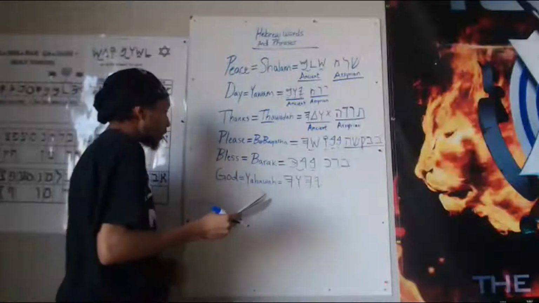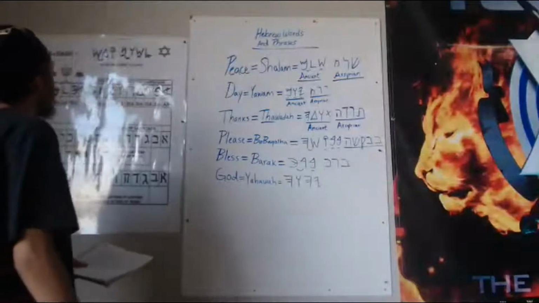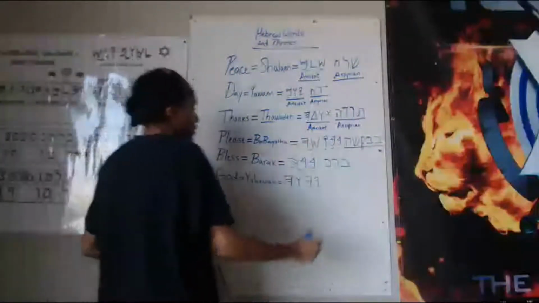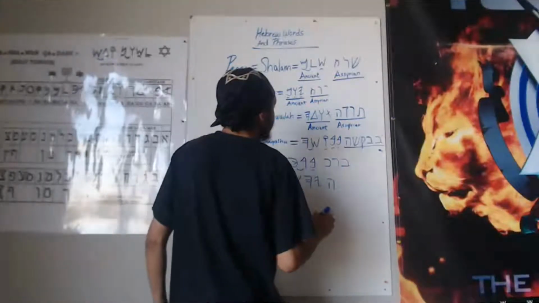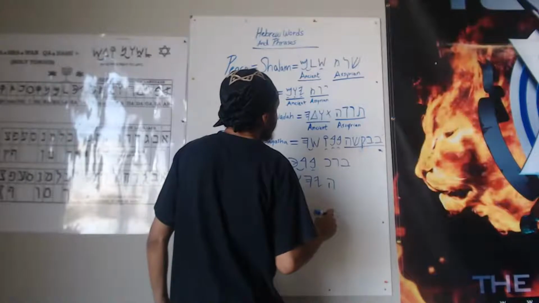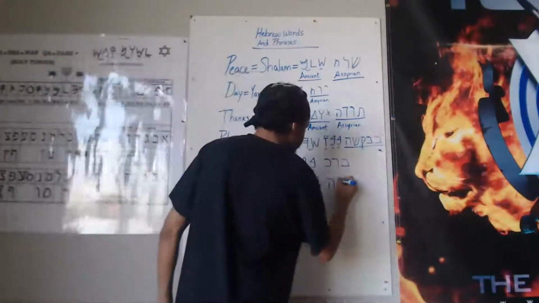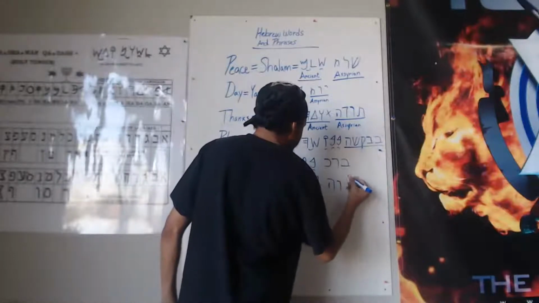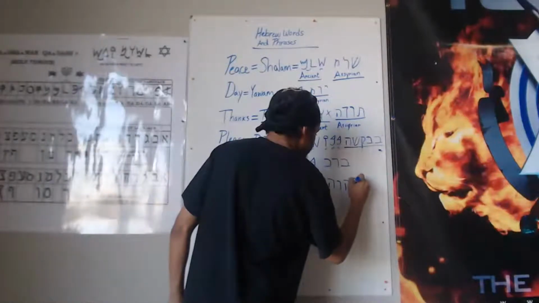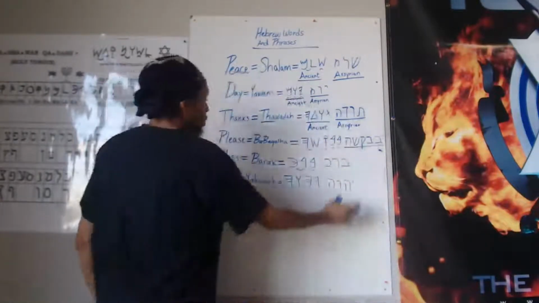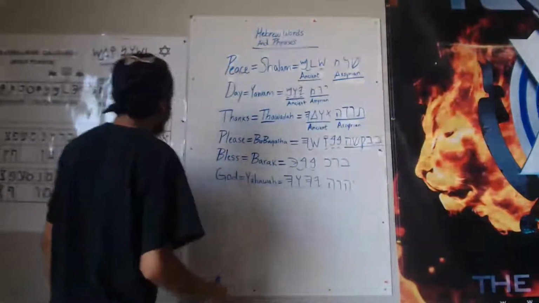Let me write it in the Assyrian real quick, then I'll let you write it down. Assyrian, ancient Assyrian. Now, next one we're going to do is Christ.